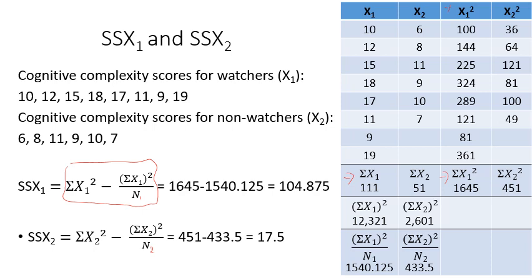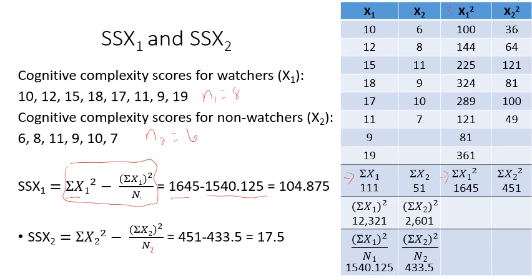And then, of course, n1 equals 8, n2 equals 6. I showed the steps of doing this, but the sum of x squared is the first thing here. That is equal to 1645. Then this 1540 is all of the part after the minus, and you can look down here on the right and see that.